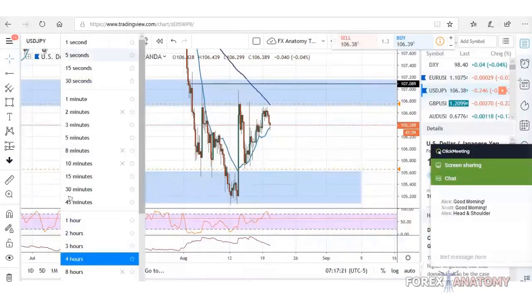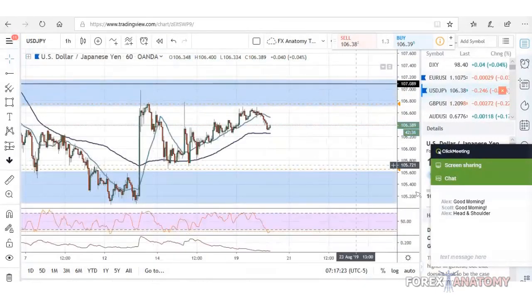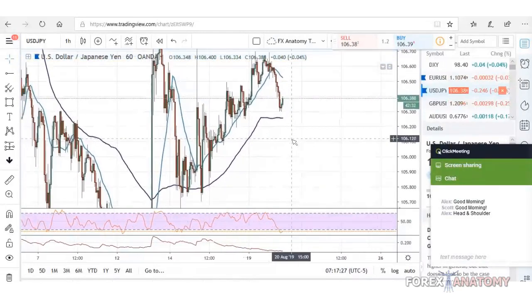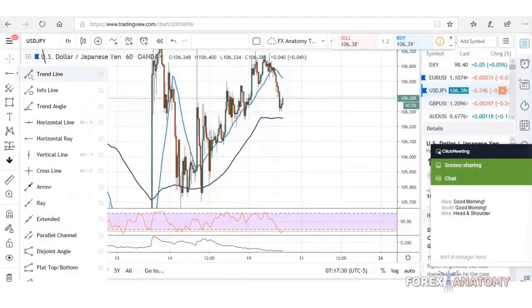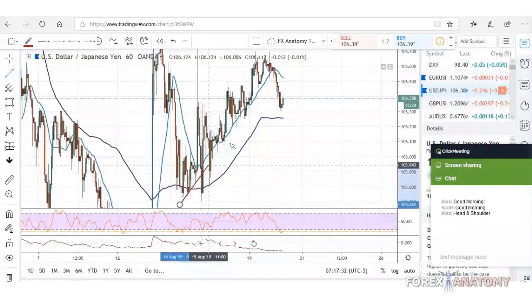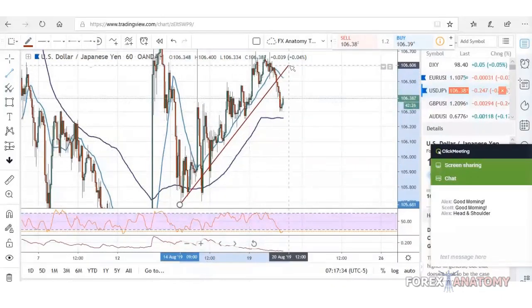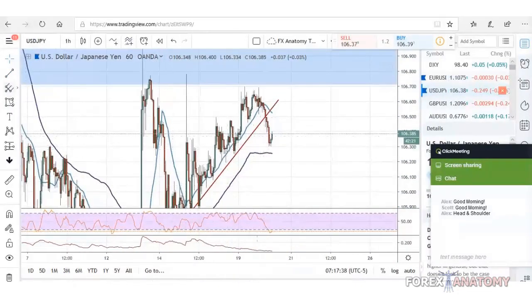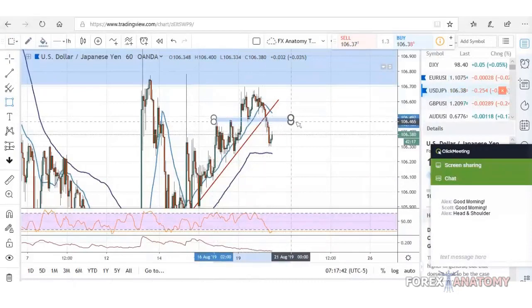So if you go down to the 1 hour, and stretch this out, let me draw this out for you guys. Price did break this ascending trend line to the downside, and it also broke this area of structure right here.